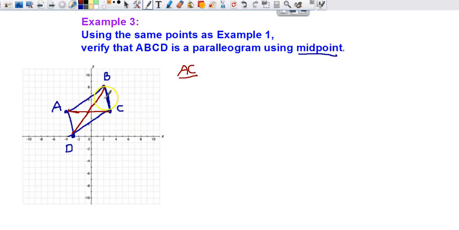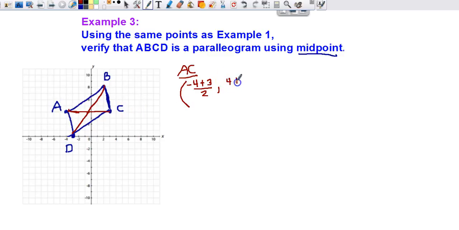All right, so A is negative 4, 4, and C is going to be 3, 4. So the midpoint of that, watch carefully, it's the average of your x's, so negative 4 plus 3 divided by 2, and the average of your y's. 4 plus 4 divided by 2.